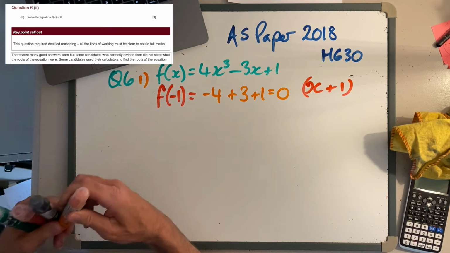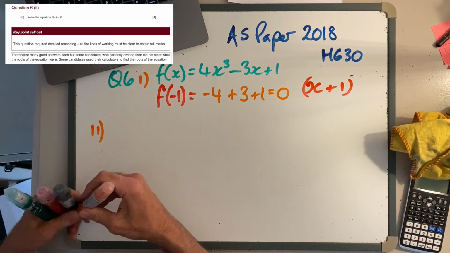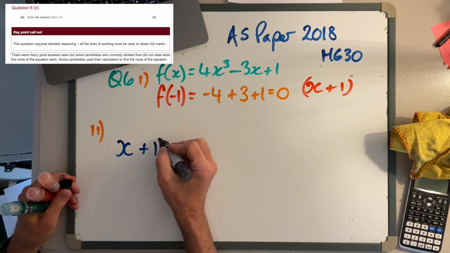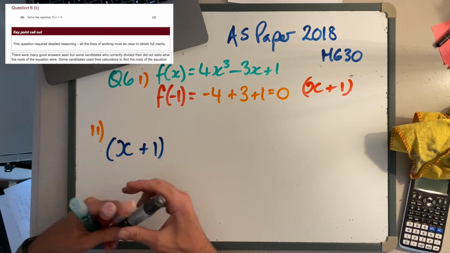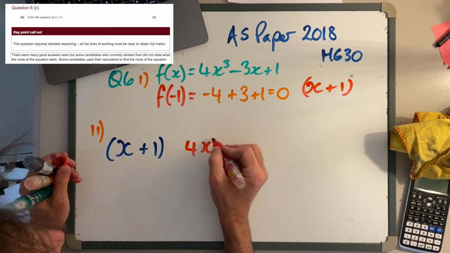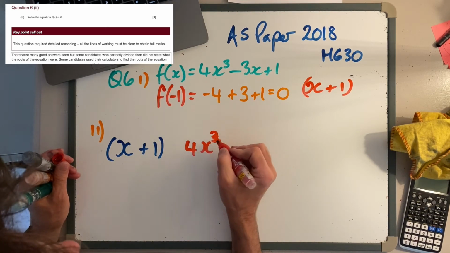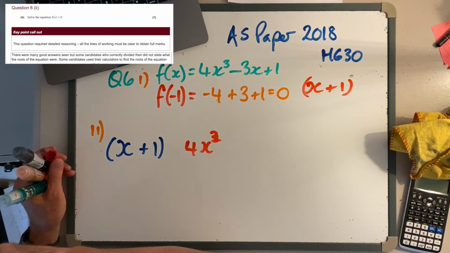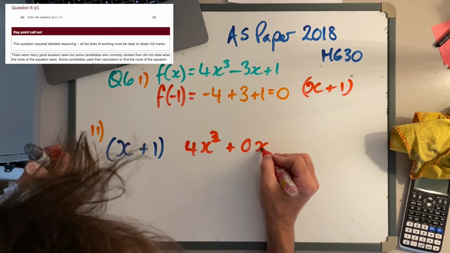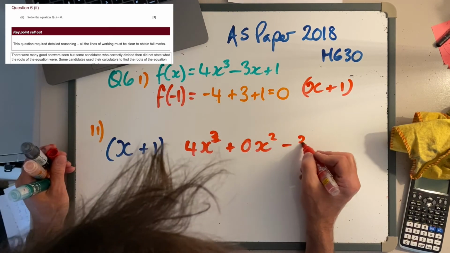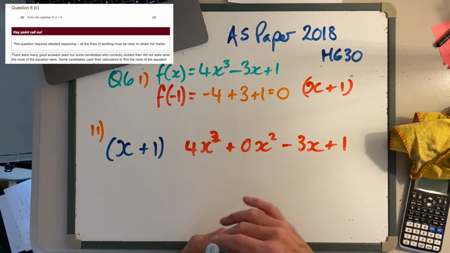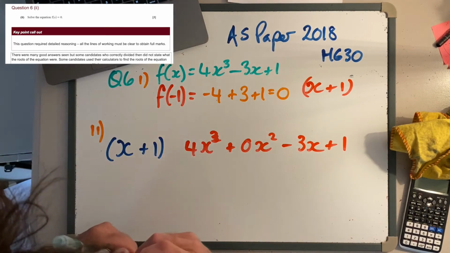Let's just see, because always with these ones, you have to think. Oops, that's a 3 there. You haven't got the square here. Okay, so I'm going to say 0x squared minus 3x plus 1. So I'm going to try something here, see what happens. Bear with me and come with me.